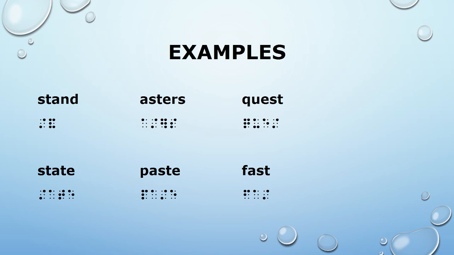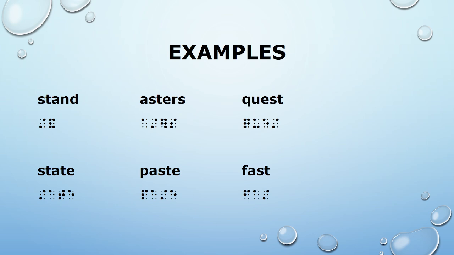Let's have the words stand, asters, and also quest. For the word stand, ST is found at the beginning of the word, and so we can use the contraction for ST, which has dots 3 and 4, and also we can use the contraction for END, which has dots 1, 2, 3, 4, 6.